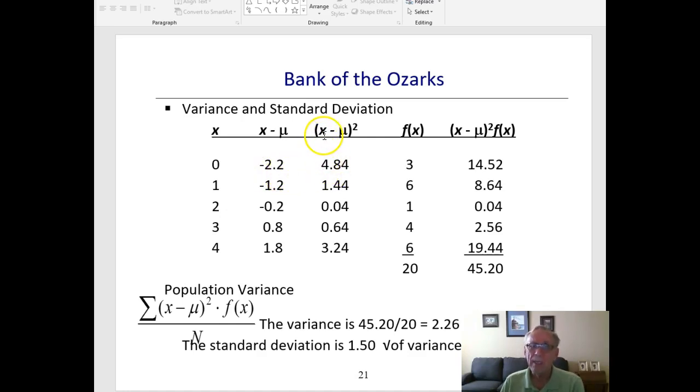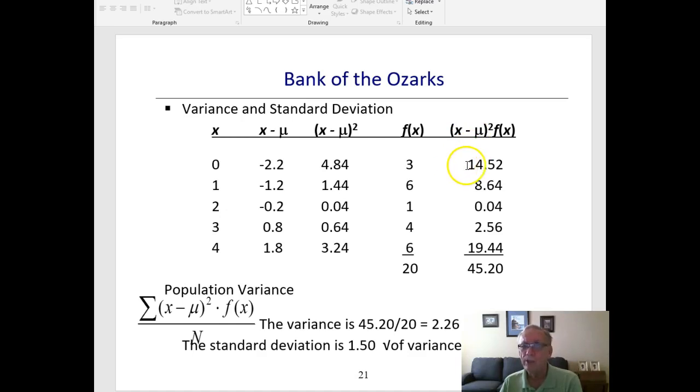We've established that. Now we're going to square that. 2.2 squared is, 2 negatives make a plus, 4.84. Add those up. So now we've got the f of x, going through again the math to come up with the standard deviation and the variance.